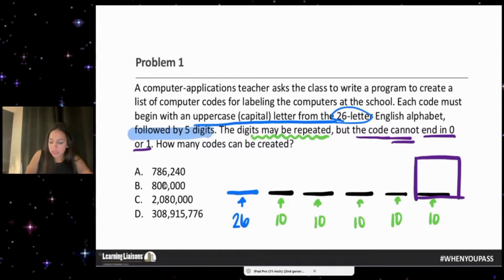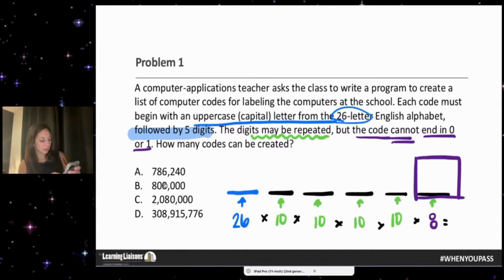Instead of 10 options, we now have only 8 options, because it can't be a 0 or a 1, but it could be a 2, 3, 4, 5, 6, 7, 8, or 9. That leaves us 8 digits that can sit there. Then to figure out how many combinations there are, we literally just multiply all of these values together.